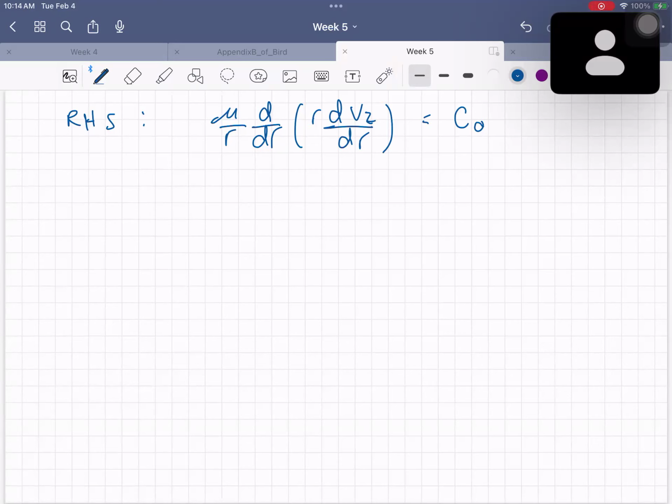Can you solve this equation? It's pretty straightforward, right? Since this is the first exercise for the momentum transport, I'm going to make a very step-by-step solution, okay?